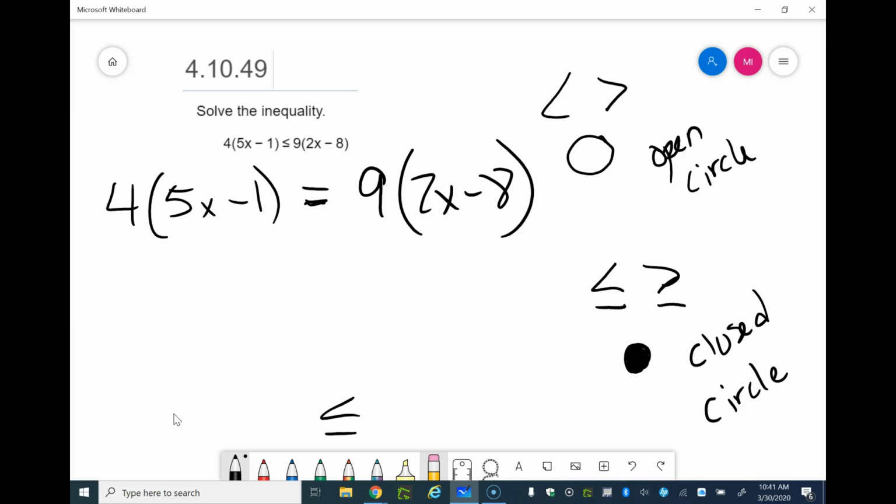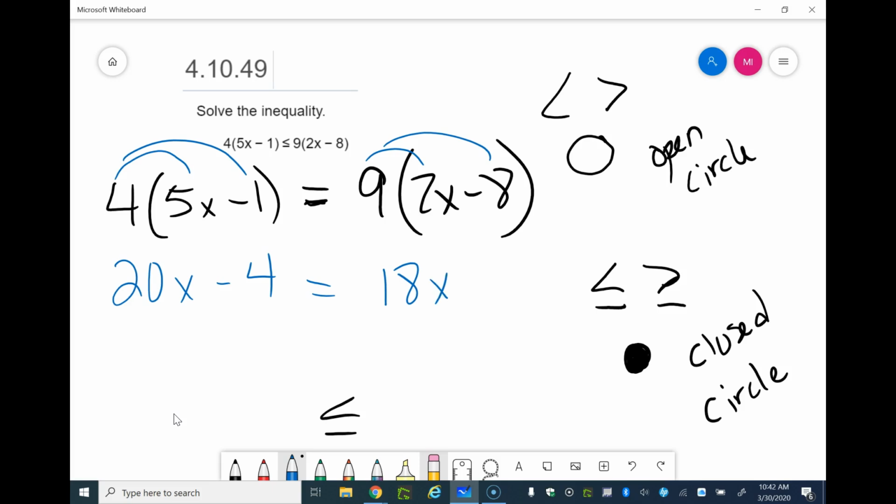So here we do our distributing like so. Times here, that gives us 20x minus 4. And then distribute here and distribute here. This gives us 18x minus 72.